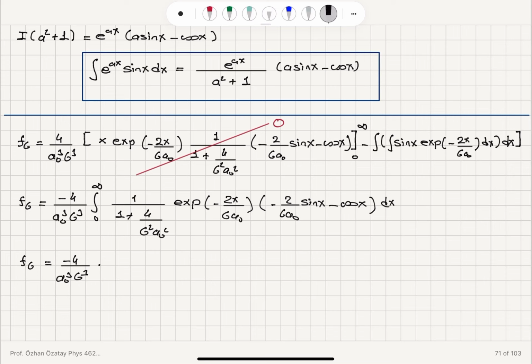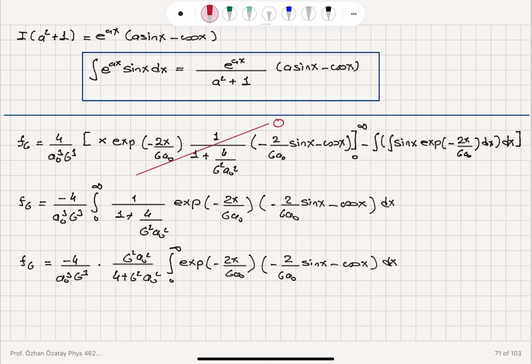So this is g square a0 square divided by 4 plus g square a0 square, integral from 0 to infinity exponential minus 2x divided by ga0 minus 2 over ga0 sine x minus cosine x dx.